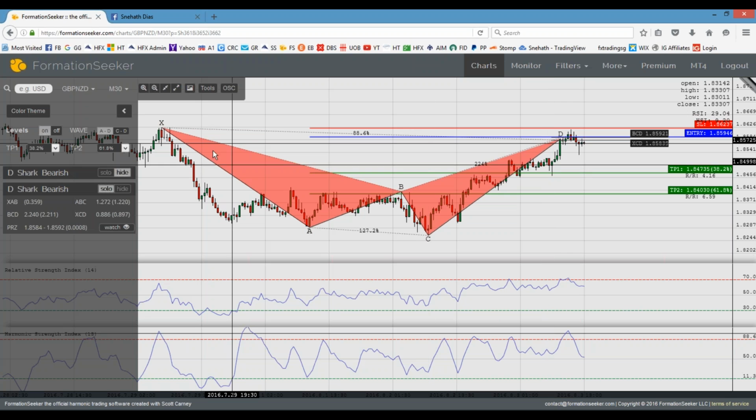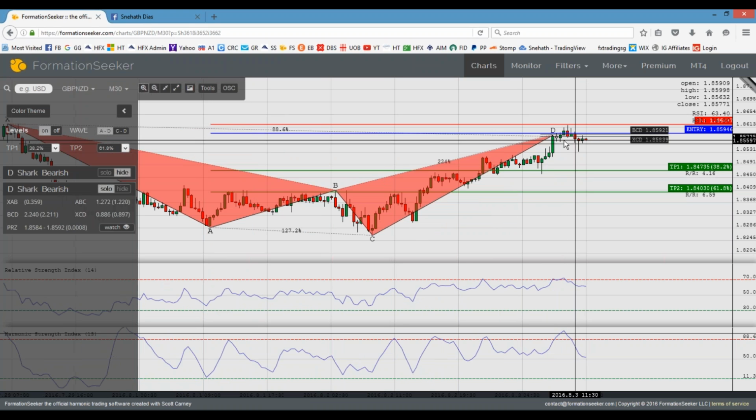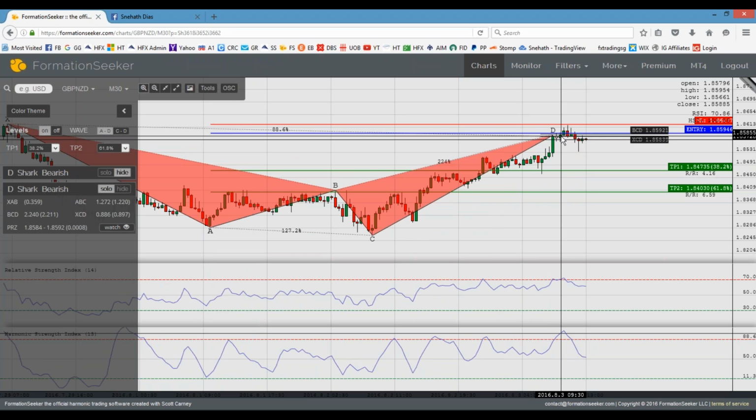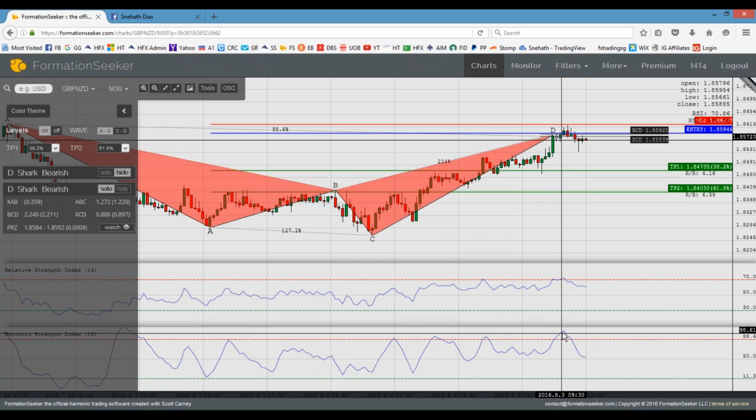So what we're looking for is that when we want to take a trade, we need a couple of criteria to be complete. The first one is that the pattern has to complete, and at the point that the pattern is completing, if you're selling it, the HSI, which is a proprietary indicator, needs to be above this 886, and then we need to start to see it turn down.